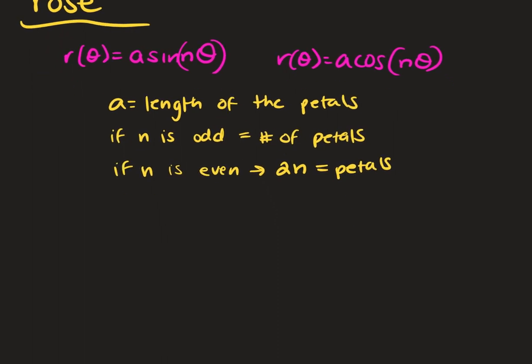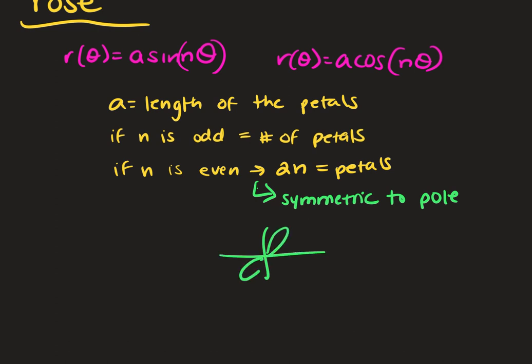If it has an even number of petals, then in addition to the original symmetry, so polar axis and pi over 2 axis, this would also be symmetric to the pole, which means whatever happens up here happens down here. Whatever happens over here happens over here.